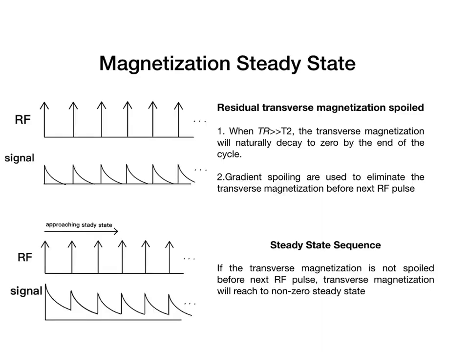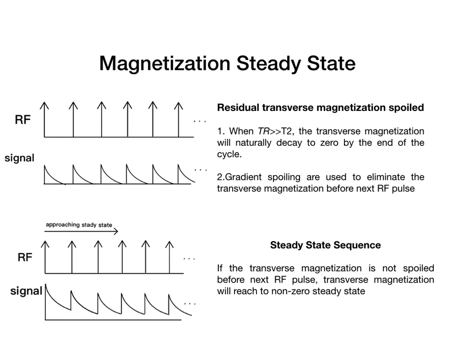First, I want to give a brief introduction to magnetization steady state. As we know, the gradient echo sequence can be divided into two types. The first type is the residual transverse magnetization spoiled sequence.